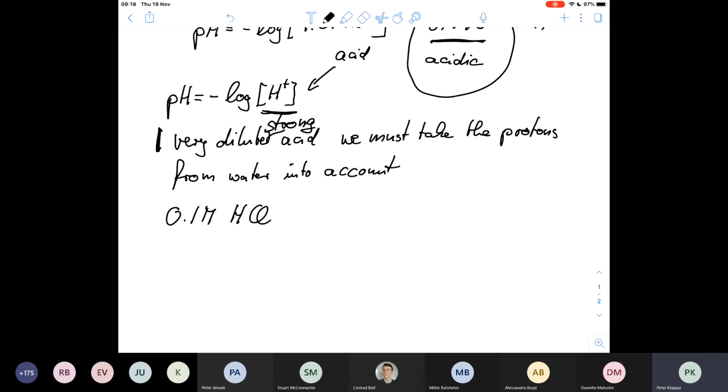So we have 0.1, let me write this as 1 times 10 to the minus 1 molar, that's from the HCl, plus 1 times 10 to the minus 7 molar, that's from the water.